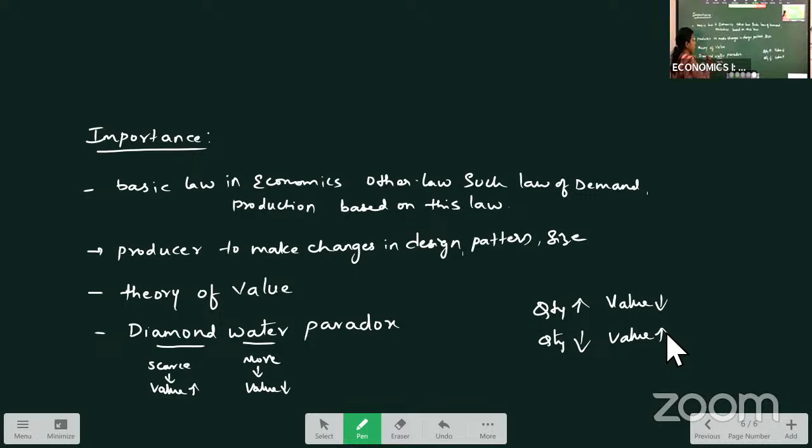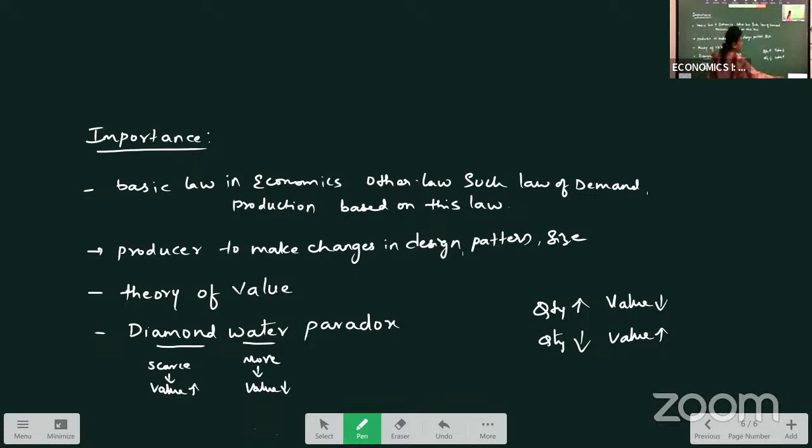That is what we say, theory of value. So here we can say diamond water paradox. These are the 4 points you write down. That is more than enough for your importance.